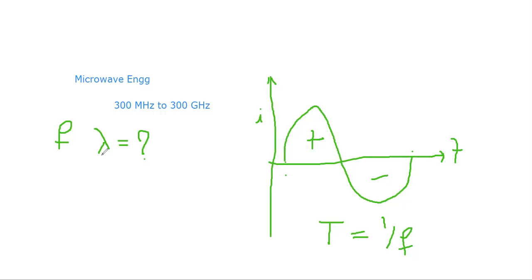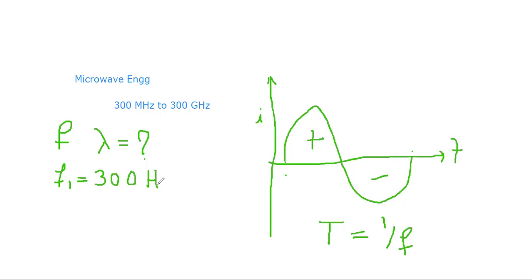Now I'll take some example of the frequency. Okay. Now if I take a frequency f1, f1 equals a simple frequency, suppose 300 hertz.